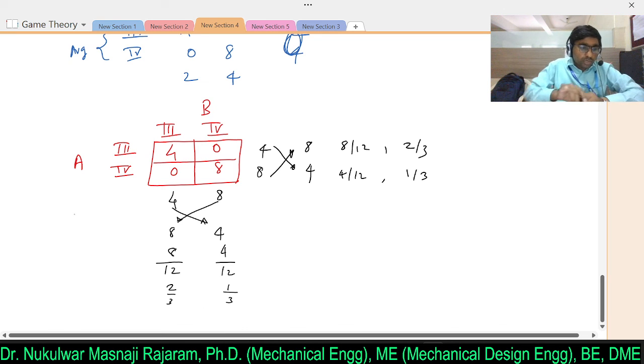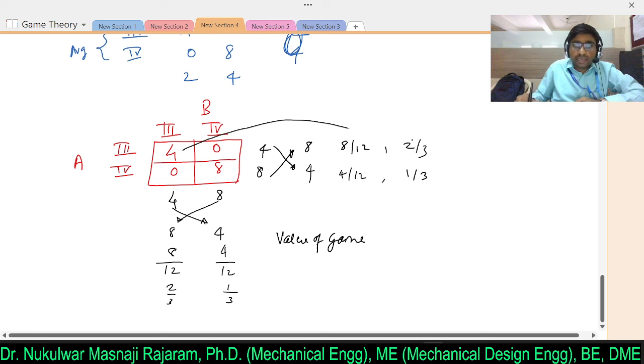Simple. Now how to get the value of game? So I will write over here value of game. In that case we must multiply odd mates of any one with the strategy of other player. So I will use player A's odd mates and I will multiply with the strategy of B. So I will consider strategy of B is third.